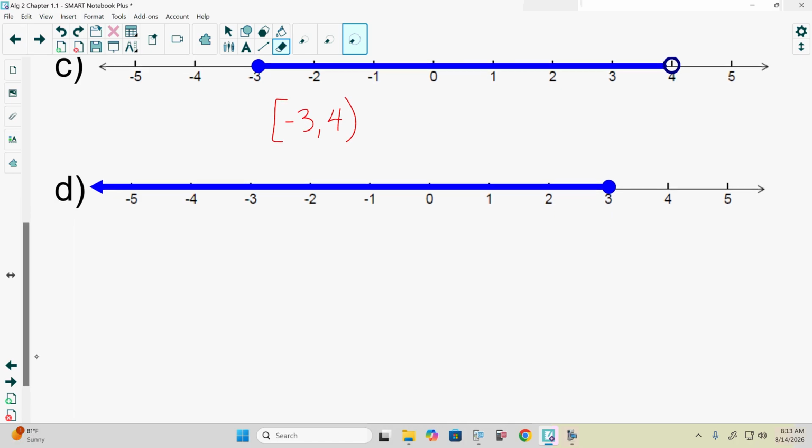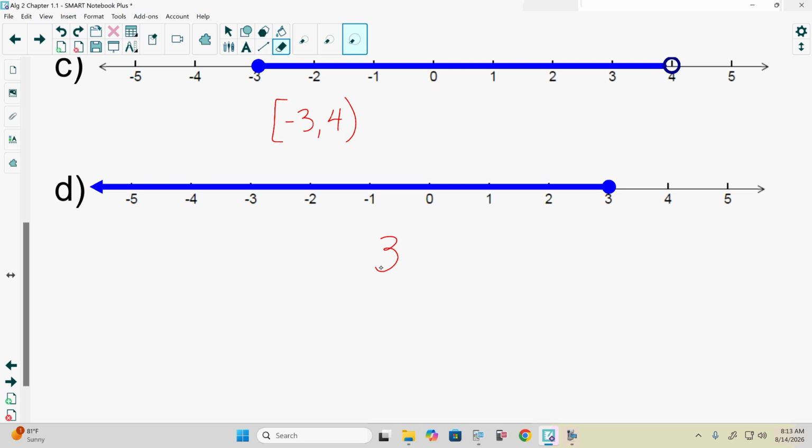D, bounded or unbounded? Unbounded. We'll look at the chart here in a second. Our one endpoint is 3, yes? So we know it's going to be included in interval notation. Are we getting bigger or smaller? Smaller, so that means we're either going to go to negative infinity or positive.